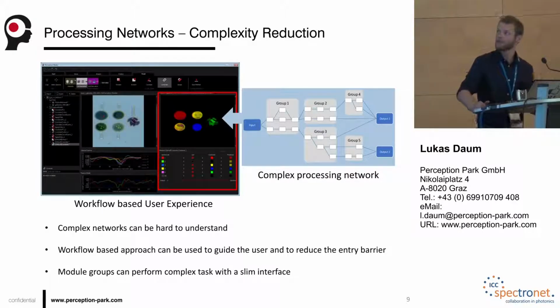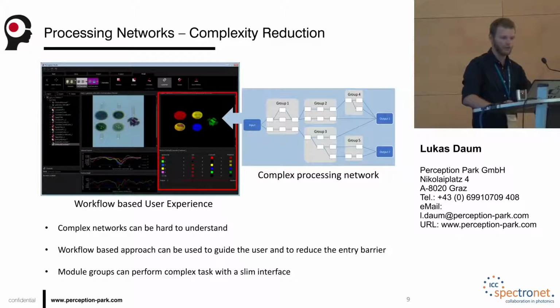Here, the image shows one step of the sequence. Here, the user can choose the model to apply on the hyperspectral data to get a colorful image out of it. And behind that, what you see in the red rectangle here, there lies a more complicated processing network, but the user only has a few buttons to press, basically just choosing the colors you want to assign to chemical materials.